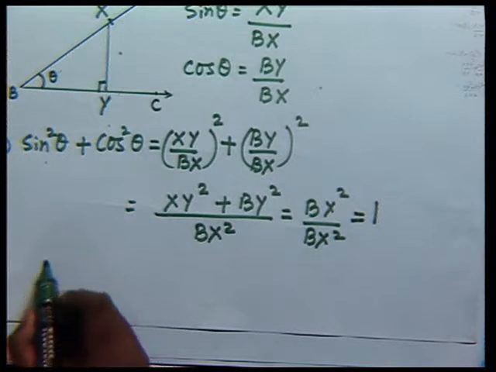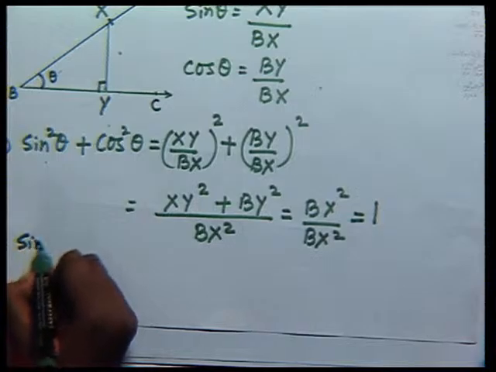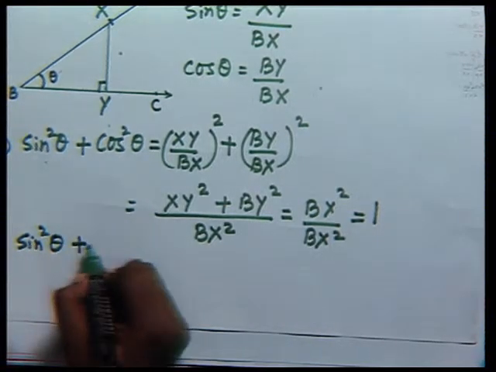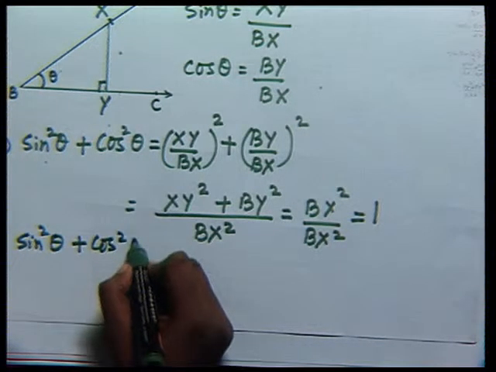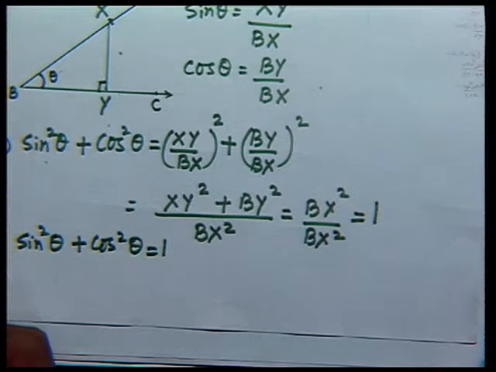Thus we proved that sin square theta plus cos square theta is equal to 1. This equation holds for every value of theta, or it is satisfied for all values of theta, and therefore, by definition this equation, that is sin square theta plus cos square theta is equal to 1, is an identity.